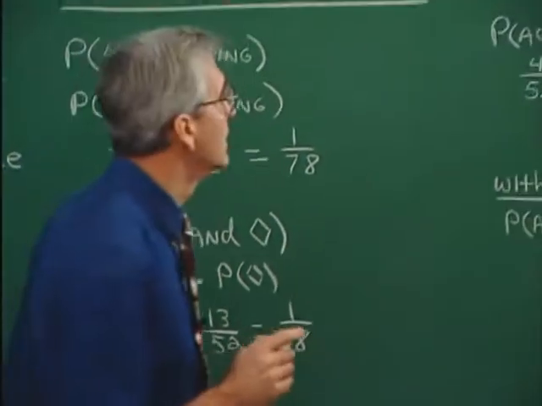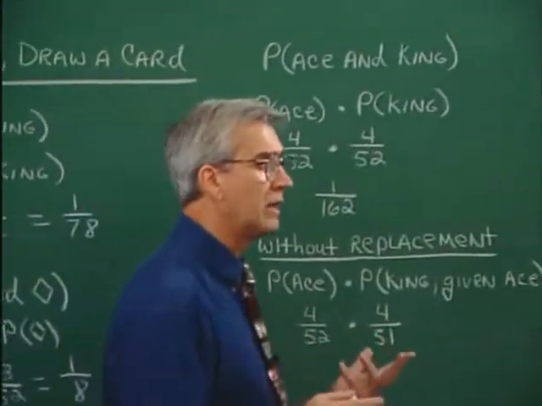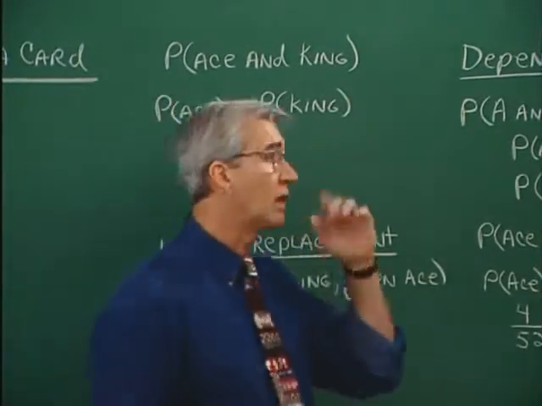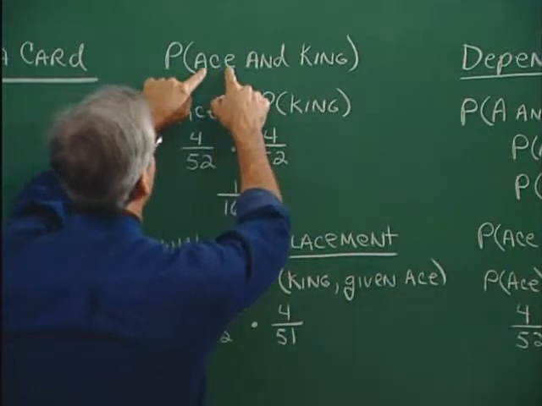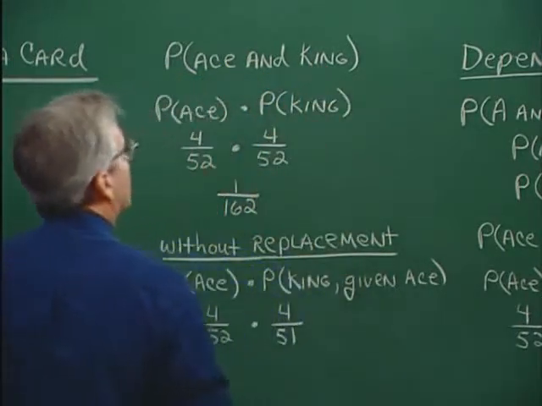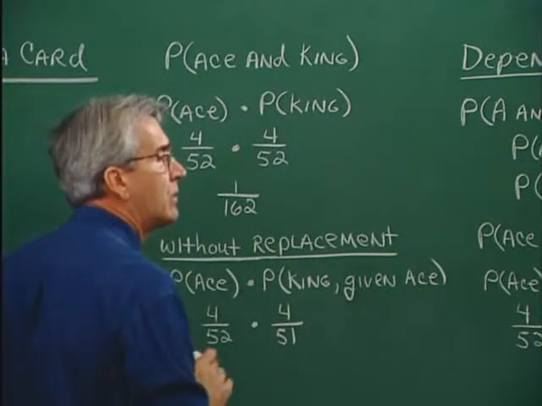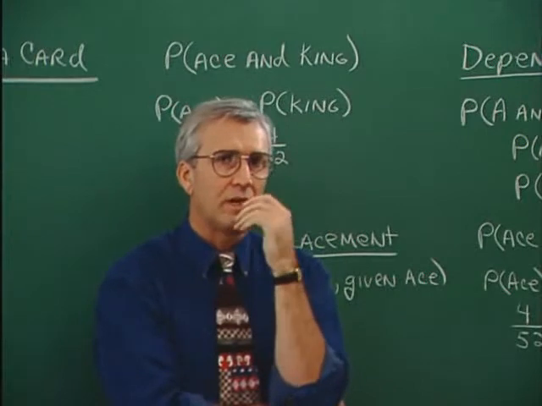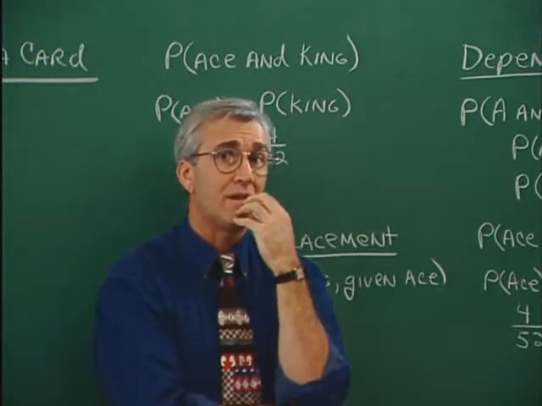Now, consider this one. Suppose we're drawing a card, and then we're drawing another card, and we're talking about the probability of drawing an ace and a king. Now, we might think, okay, we're just going to draw 2 cards from the deck of cards. Are we going to put the first card back when we draw it or not?